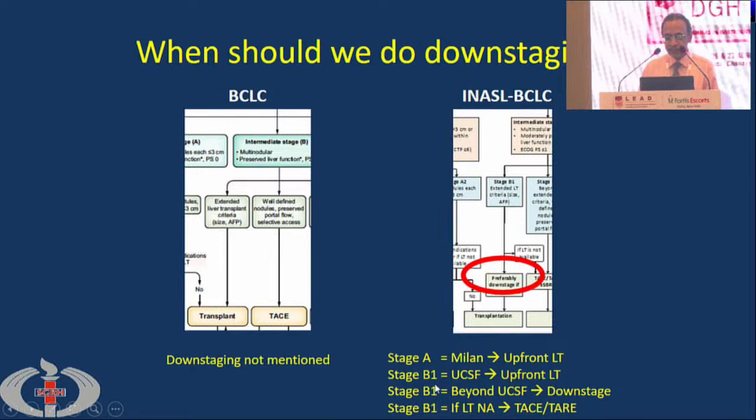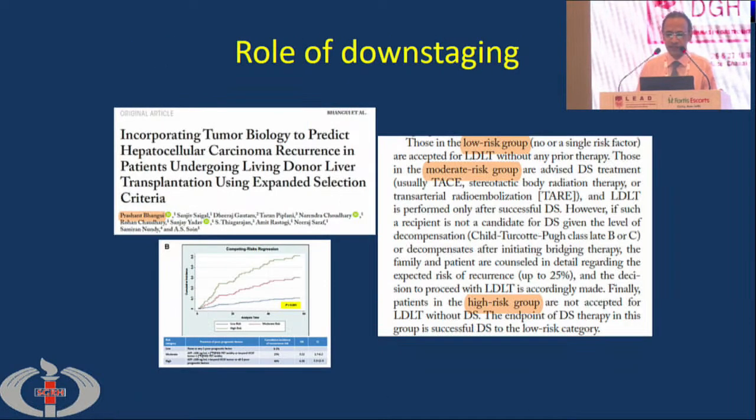If the patient is of B1, that means UCSF staging, again we'll do upfront liver transplantation. But if the patient presents beyond UCSF criteria, it is preferable to do downstaging before subjecting to transplantation. And if liver transplantation is not available, then this patient goes to locoregional therapy, either by TACE or TARE. So this algorithm becomes much clearer in the INASL BCLC staging.